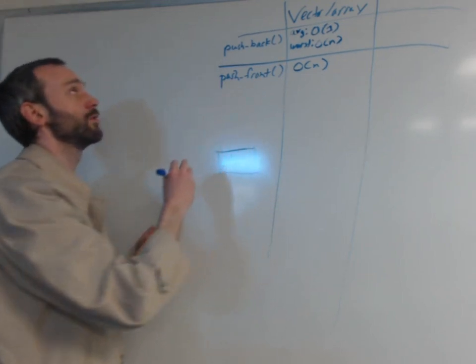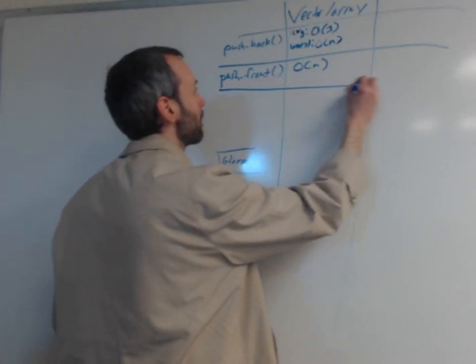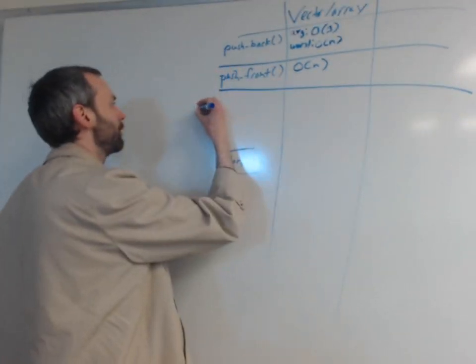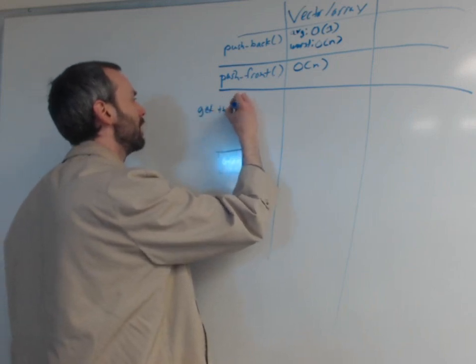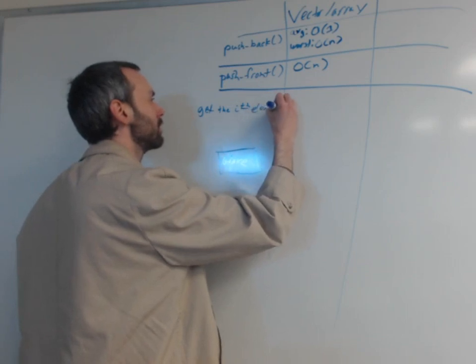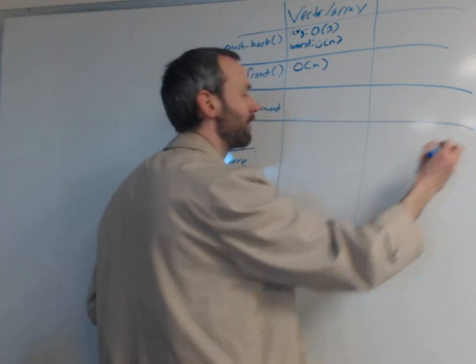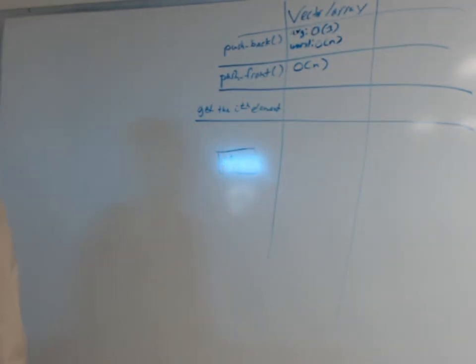All right. Let's see, what would be another good one here? All right. Get is going to become get the ith element. I have an array of 100 elements. Give me the value at position 55.